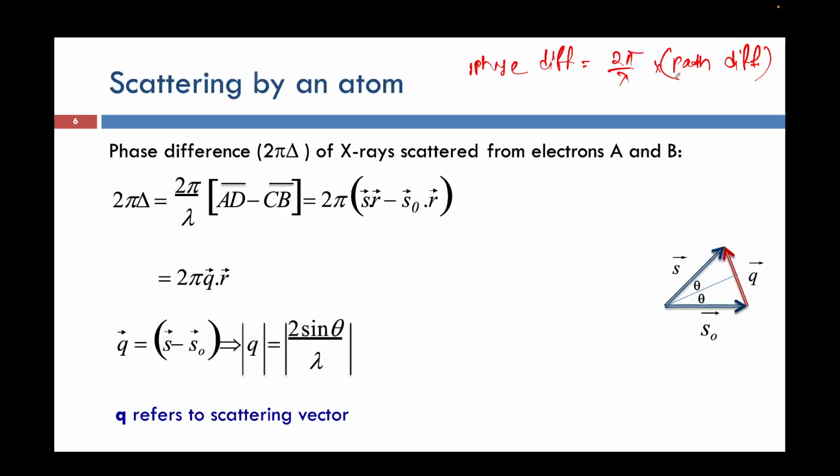Here we have written 2 pi into S dot R minus S naught dot R, so we can write 2 pi by lambda, S minus S naught dot R. Note one difference between this expression and the earlier one: lambda is here and lambda is not there. Why is lambda here?